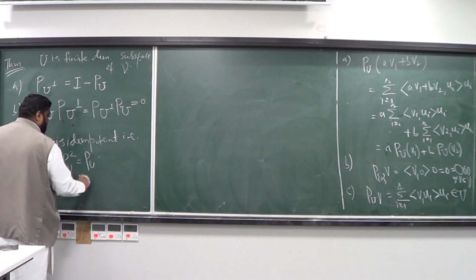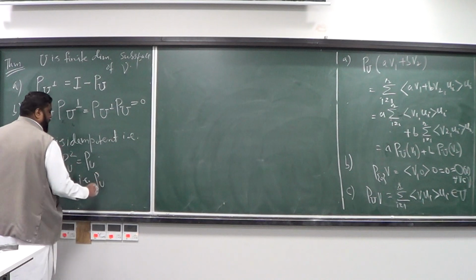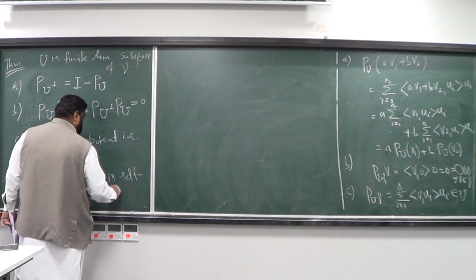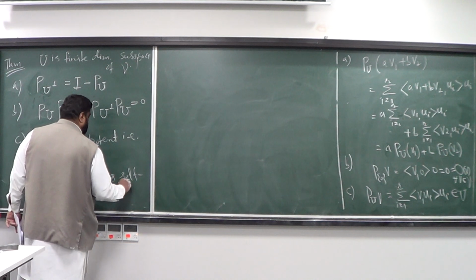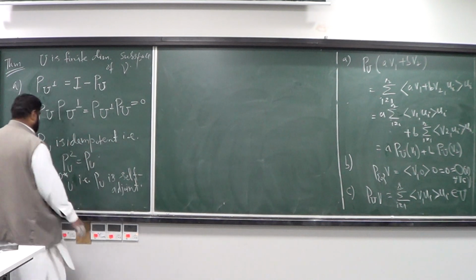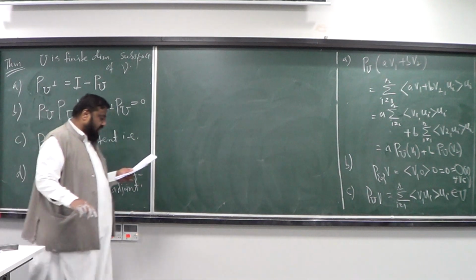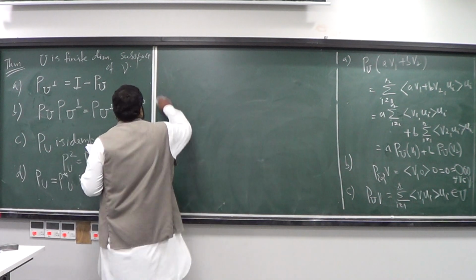This means that the projection operator is self-adjoint, because it is equal to its adjoint. So it's a self-adjoint operator. These are some of the things that we are interested in, for example, proving.